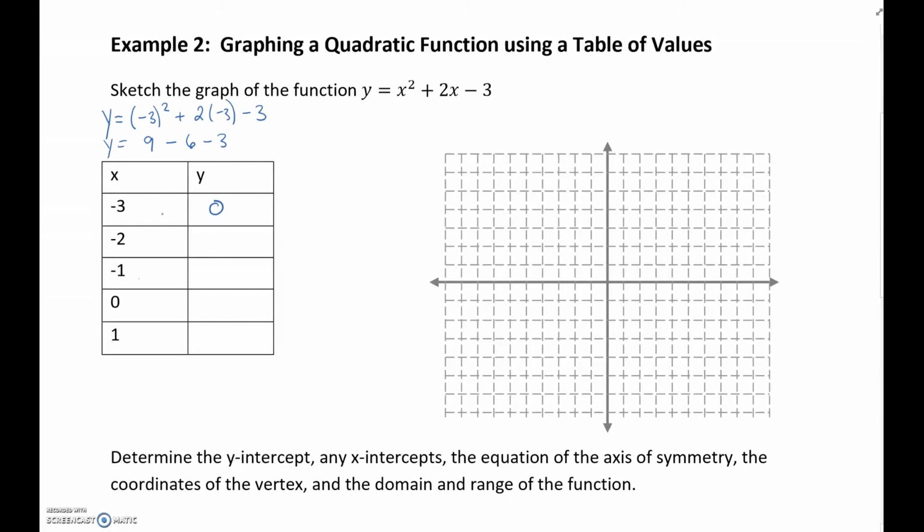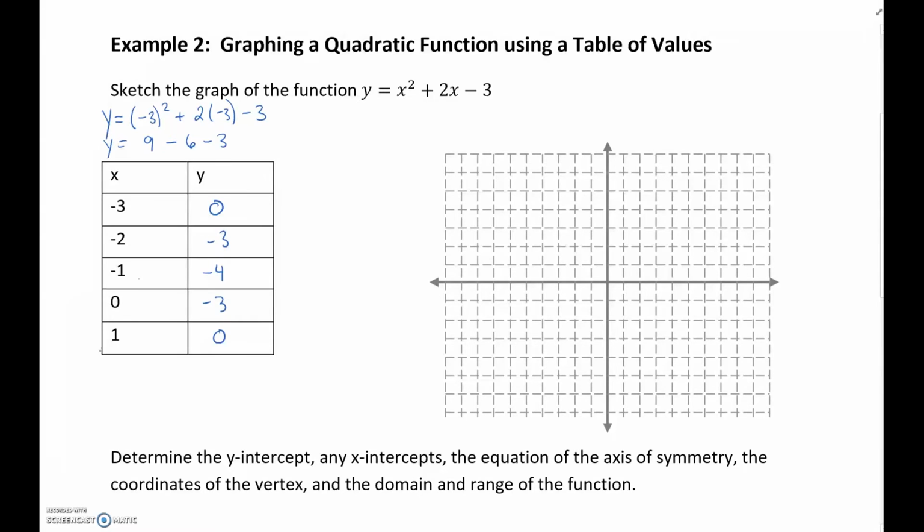Now go ahead and do this again for -2, -1, 0, and 1, and you should get values, just for the sake of time here, -3, -4, -3, 0. You should be able to do that on your own and leave that work in there so you can see where that's coming from. Now, you should see some patterns coming up.